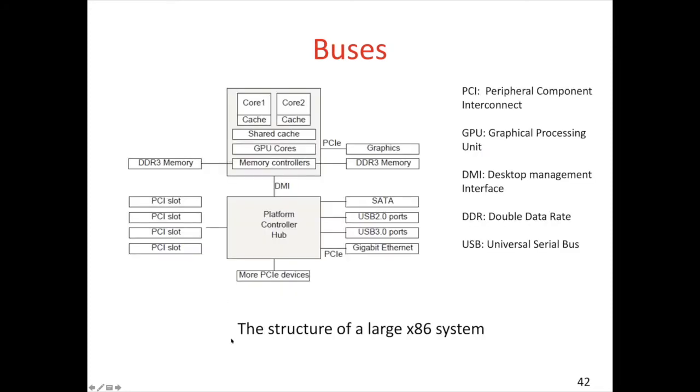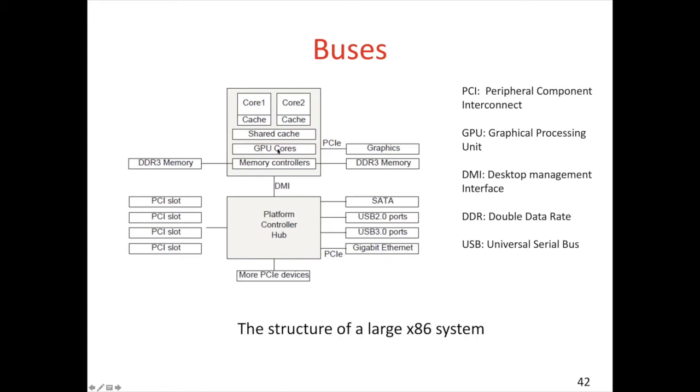In this figure, the structure of a large family of mainboards containing x86 processors is given. This is the family of processors similar to x86. We may have more than one processor, each having an L1 cache and also a shared L2 cache.